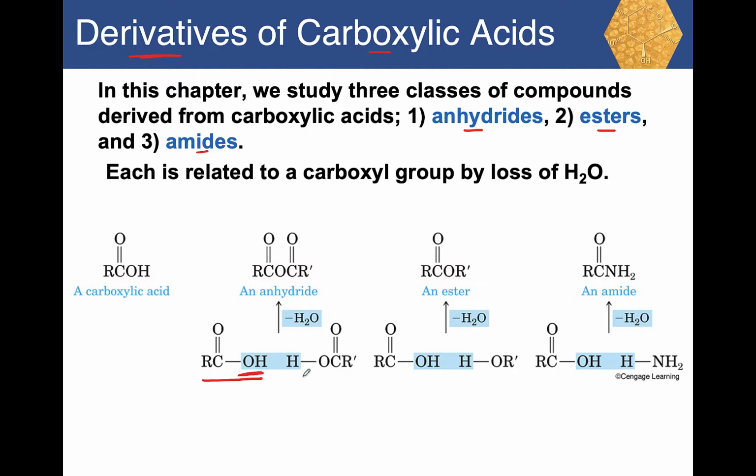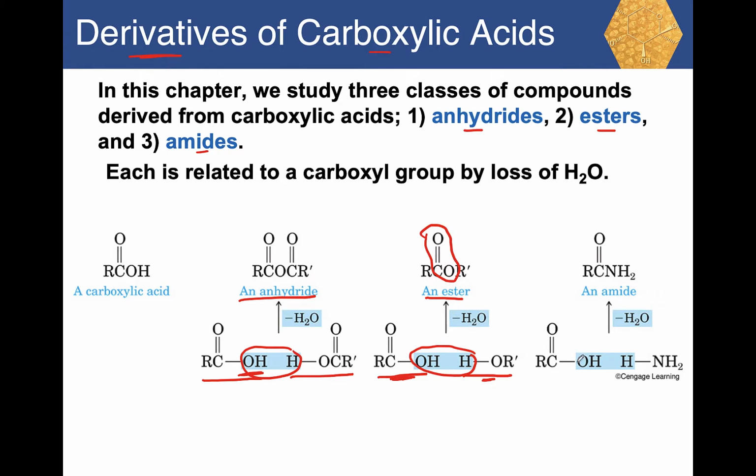If that reacts with another carboxylic acid, taking off water, that's right here, we get an anhydride. So that's the structure of an anhydride. Here is another carboxylic acid. This is an alcohol. If we take off the water from the reaction between the carboxylic acid and the alcohol, we get an ester. And of course, you will recognize this is the functional group of the ester.